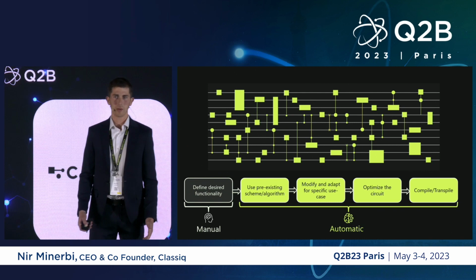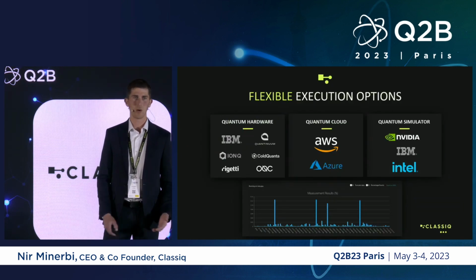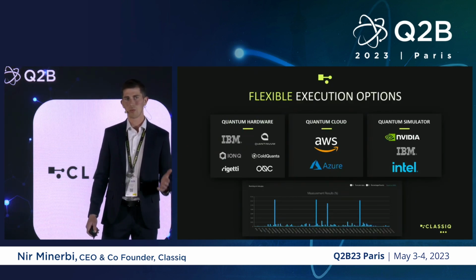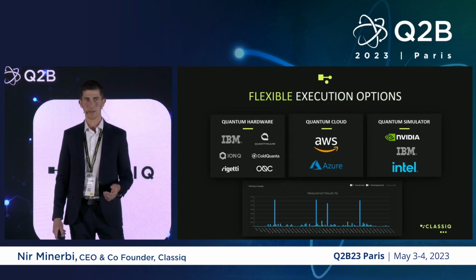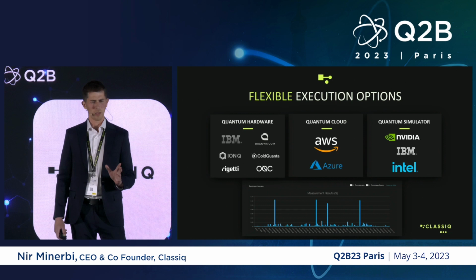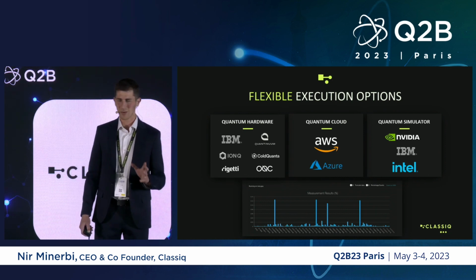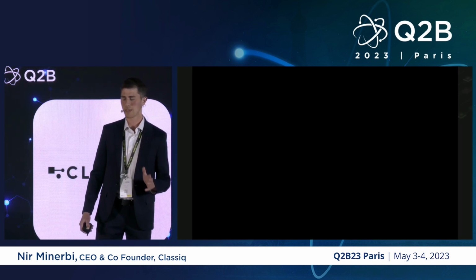And of course, after that, you are free to run it on all available quantum clouds, quantum computers, and quantum simulators. We are integrated with all of them. It's already too many slides, so let us see how it looks.